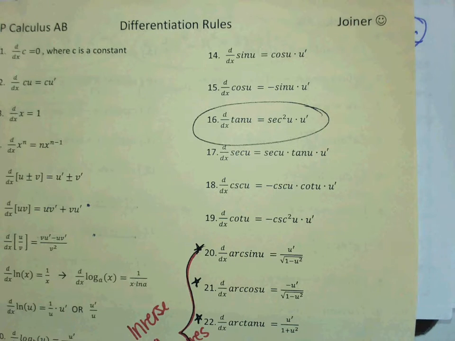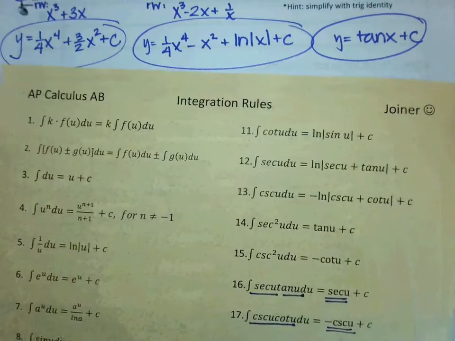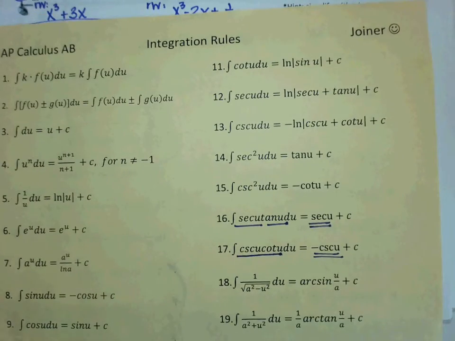Okay, number 11, we're looking for secant squared. What's its antiderivative? Tan. Okay, secant squared, antiderivative. Oh, I'm on the wrong side. Okay, secant squared, the antiderivative is tan theta for number 11. Then what comes after that?